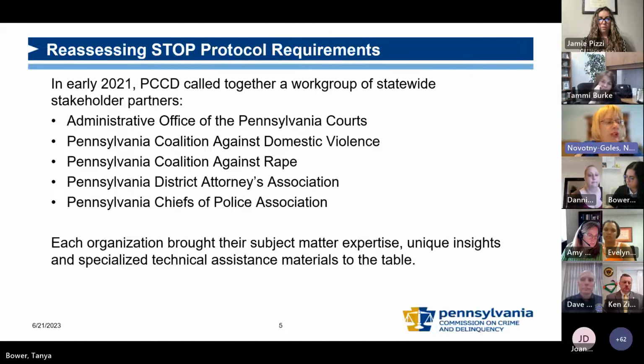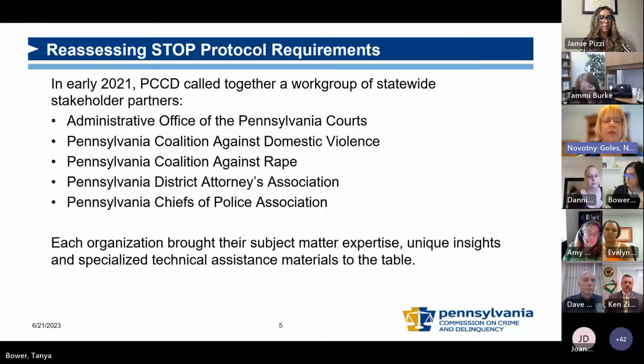So in early 2021, PCCD called together a work group of statewide stakeholder partners. Represented on the group were the Administrative Office of the Pennsylvania Courts, the Pennsylvania Coalition Against Domestic Violence, the Pennsylvania Coalition Against Rape, the Pennsylvania District Attorneys Association, and the Pennsylvania Chiefs of Police Association.